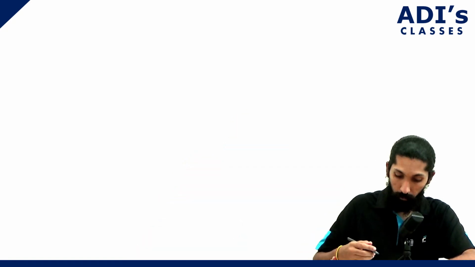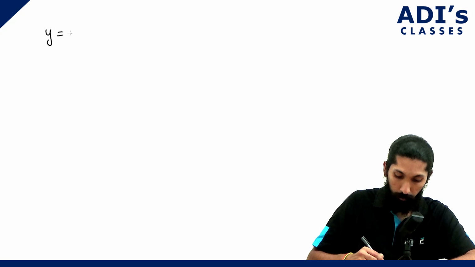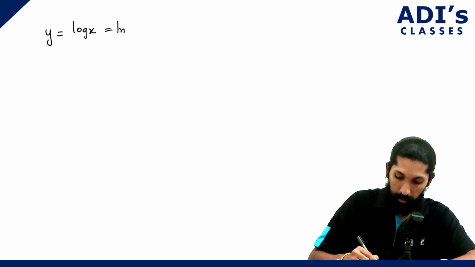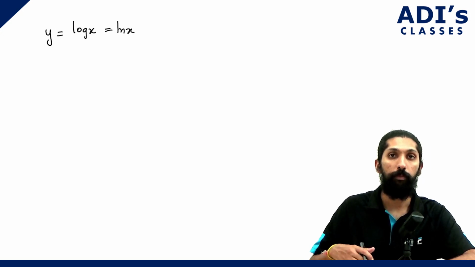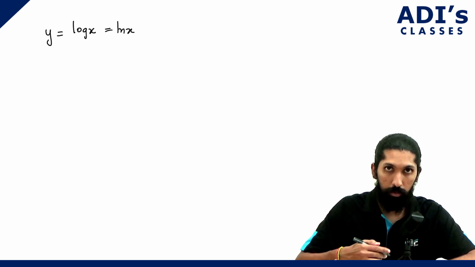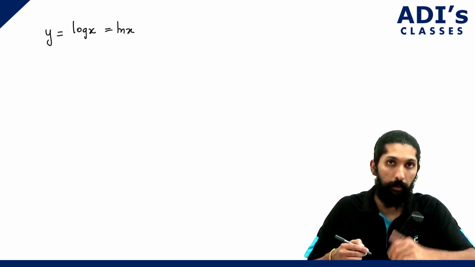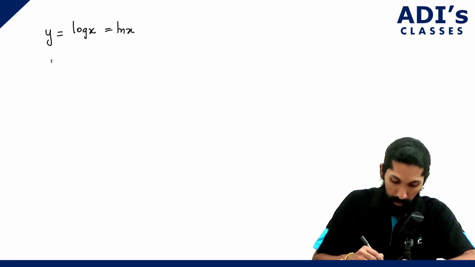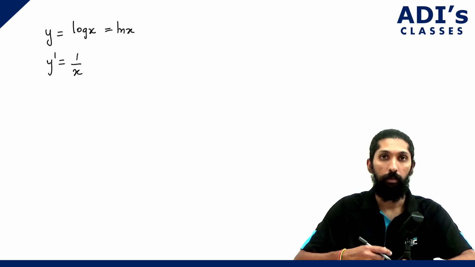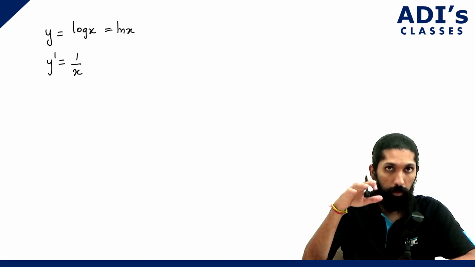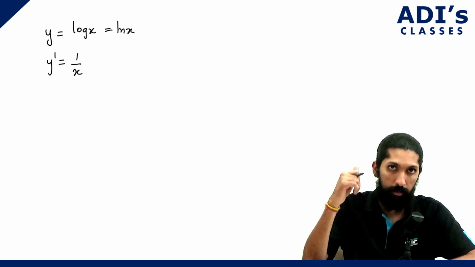Suppose y is equal to log of x, or y is equal to ln of x. Generally in other books, you will see that these two are interchanged, like both are one and the same. Now, y dash is nothing but 1 by x. That is, the derivative of log x is 1 by x.